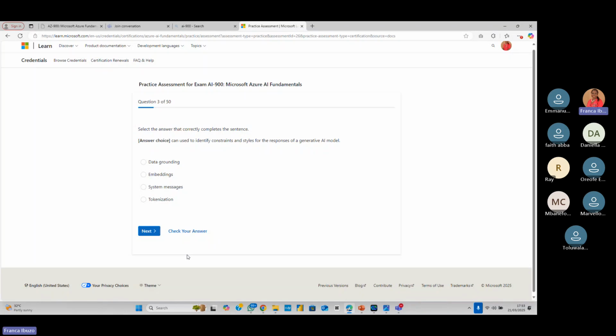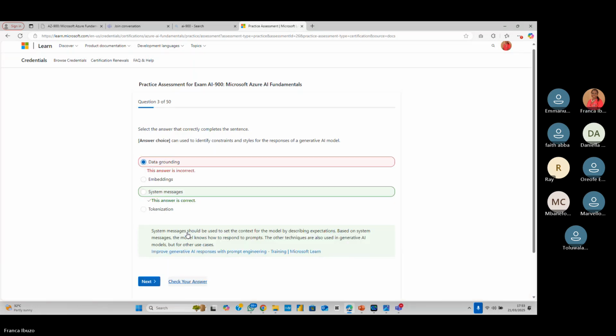Does anybody agree with him? Does anybody disagree? Check your answer. Can you see that? To identify constraints and styles for the responses of a generative AI model, can you read the explanation? System messages should be used to set the context for the model by describing expectations.